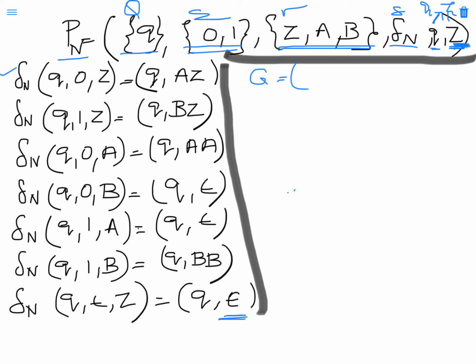So the grammar will have variables, terminals, productions and the start symbol. The start symbol for the grammar that we have to generate for this PDA, let the start symbol be S. When a PDA is given and you are asked to convert it to a grammar, what you have to know is the variables.